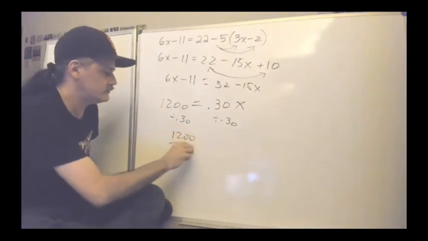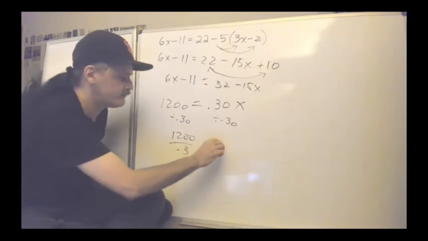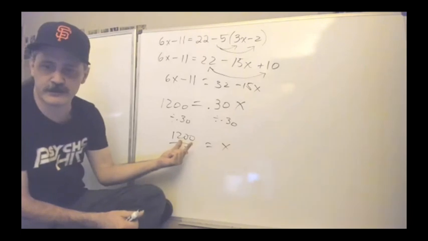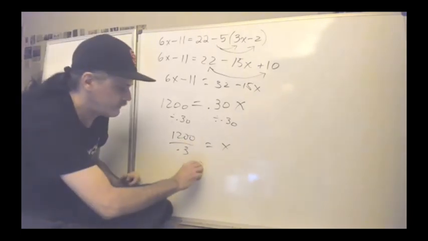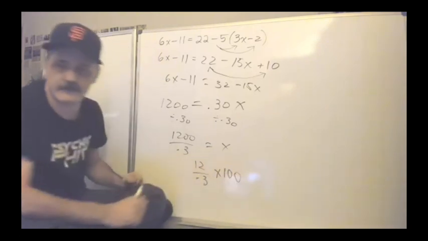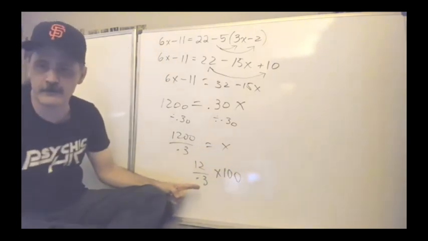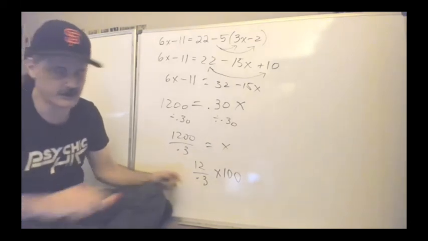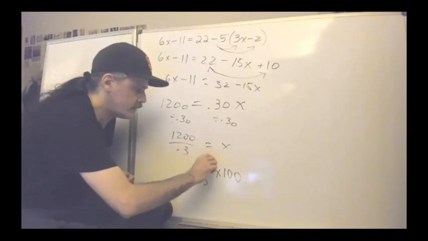Okay, and then you could use a calculator, but let me show you a little trick, a little tricky route. This is really 12 times 100. Right? And now I'm going to move the decimal to make this 3. You can't just magically do that. So now I'm going to multiply top and bottom by 10.